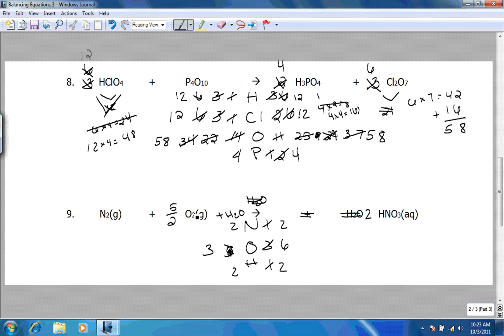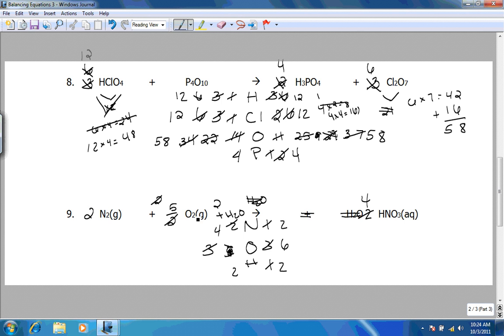And whatever I do, I have to multiply it by 2. So if I put 5 halves there, I can multiply the entire equation by 2 and get rid of that half. So I say 2 and 2 is now 4. 2 times 5 halves is just 5. 2 H2O and 4 HNO3.